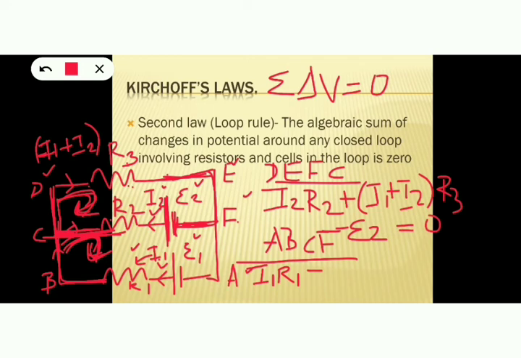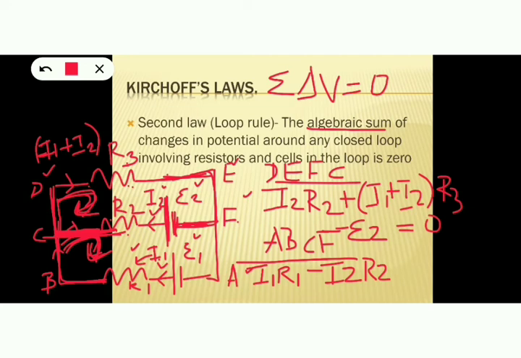Okay, so that's why we use the term algebraic sum here. So we move in this direction, and when we reach the resistor R2, we see that current I2 is flowing through the resistor R2, but current I2 is coming in the opposite direction. So it will be minus I2R2. That is the potential drop across R2.